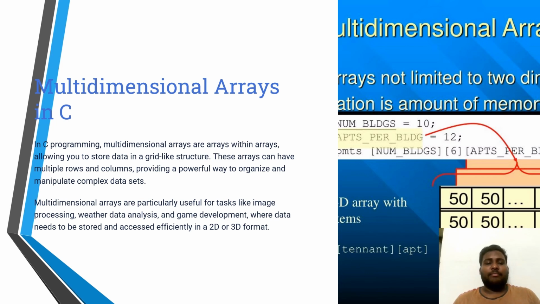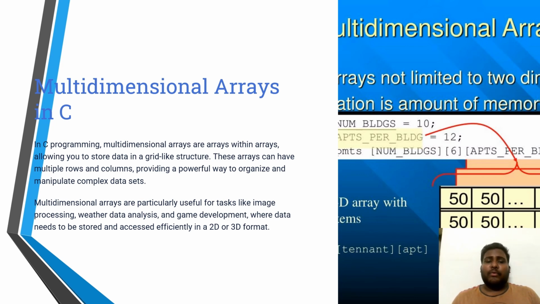They can have multiple rows and columns and provide a powerful way of organizing multi-dimensional data sets. They are useful for tasks like image processing, weather data analysis, and game development, and are essential for 2D and 3D formats.